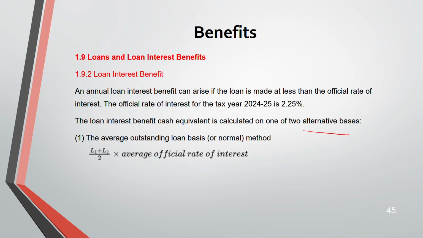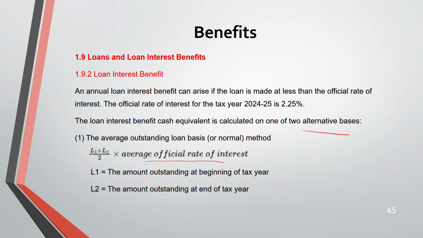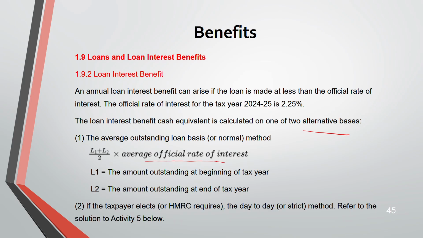This is how you calculate it: L1 plus L2, you add both the loans, divide by 2 because there are two, and multiply by the average official rate of interest. L1 is the amount outstanding at the beginning, L2 the amount outstanding at the end of the tax year.